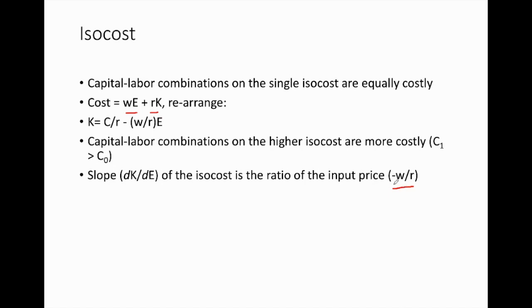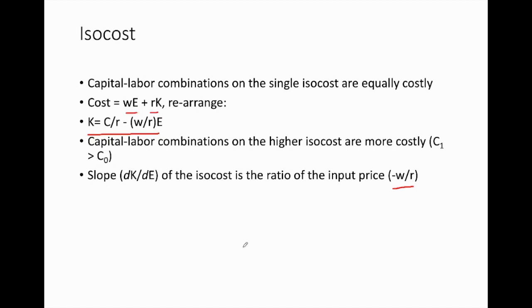How do we get to this? If we look at this equation and take the first order derivative, change in K over change in E, you will be left with only negative W over R. And this is the input price ratio. So this is how we calculate the slope of the isocost.